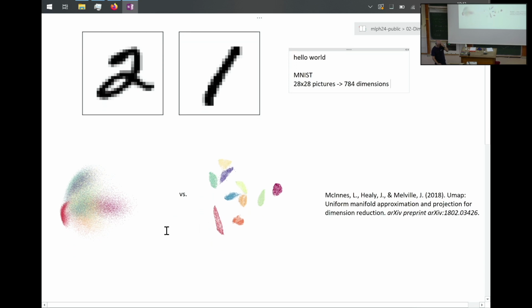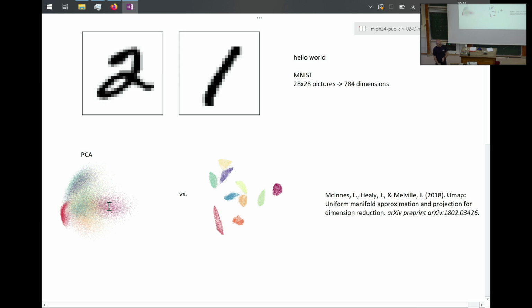And then we could, for example, do PCA on this 784 dimensional space. Because these are digits, they have natural labels, 0, 1, 2, 3, 4, 5, 6, 7, 8, 9. And then we can color the coordinates that we find according to those labels.